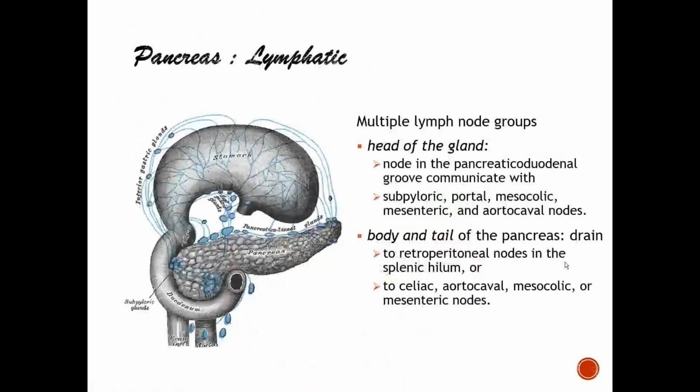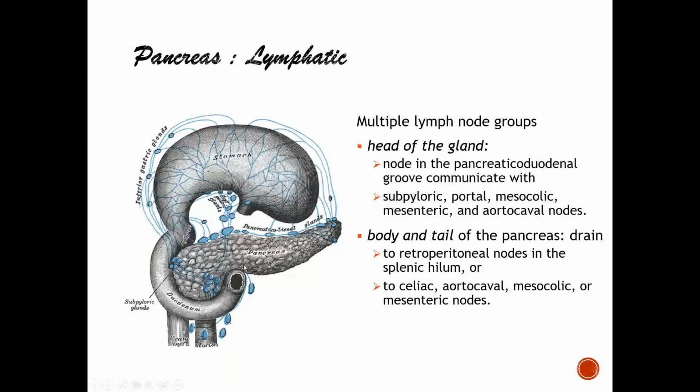As far as the lymphatics are concerned, it has a very wide lymphatic drainage. These are the lymphatics lying in the head region and the lymphatics lying in the body and tail. If you look at the head region, you have the pancreaticoduodenal nodes opening into the subpyloric. You have mesenteric nodes here, and the portal lymph nodes here, the mesocolic and the aortocaval lymph nodes, because remember, the aorta is lying somewhere here.